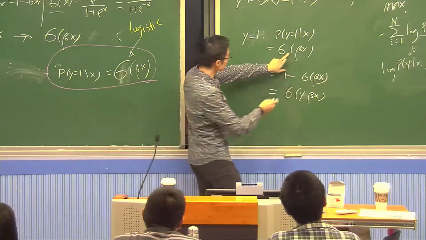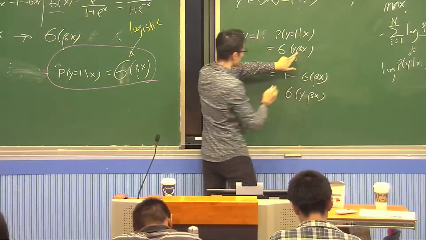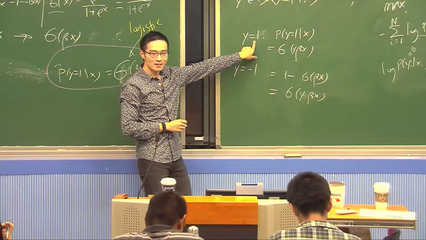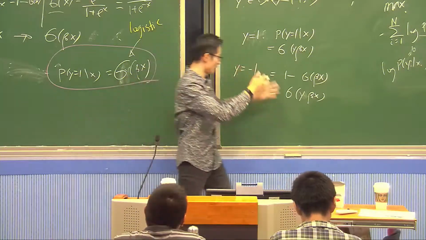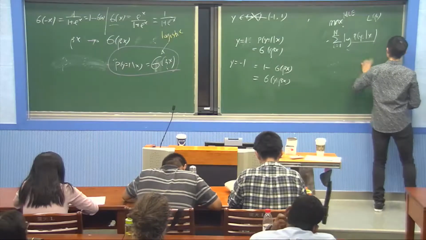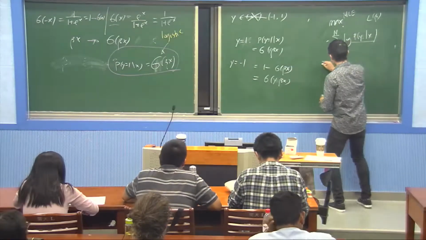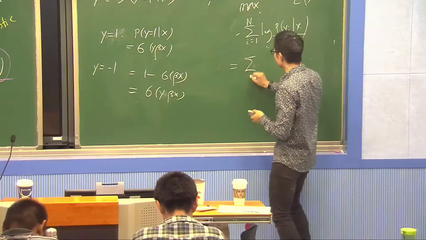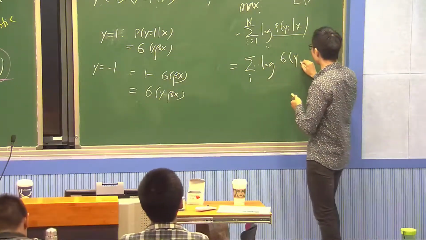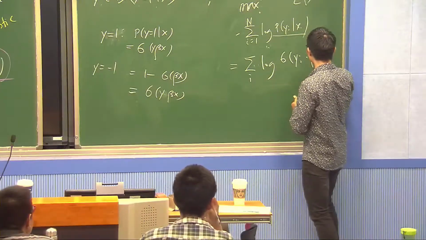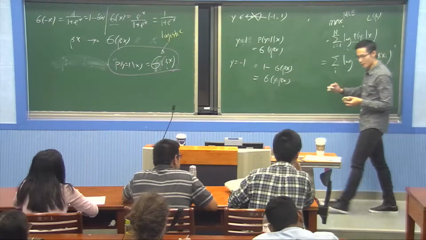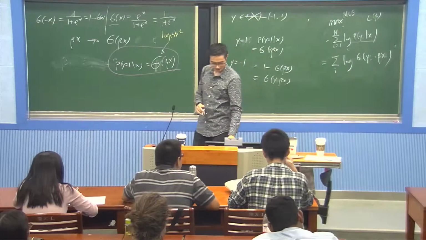And here, I can also say sigmoid y times beta x, because y is plus 1. So if y is plus 1 or minus 1, I can always write this as a sum of log sigmoid yi times beta xi. I can always write it this way, and it's a simpler way of expressing things.